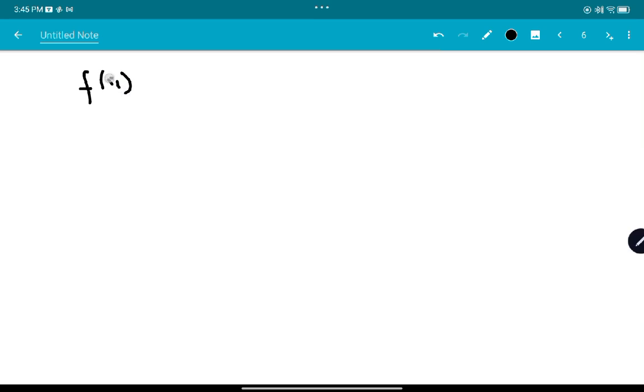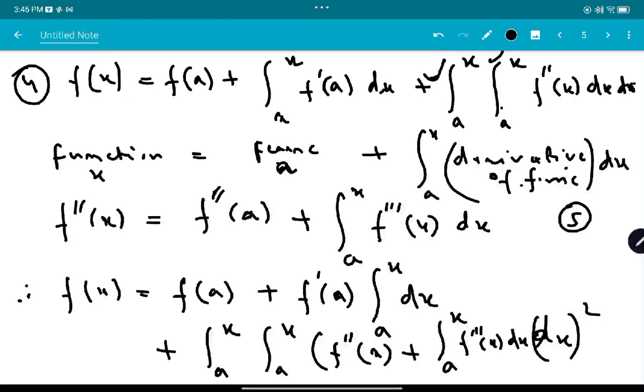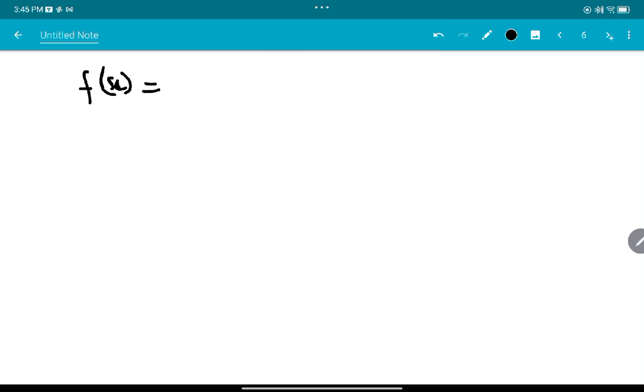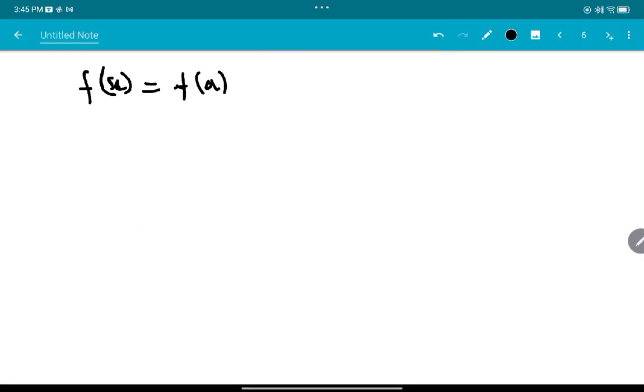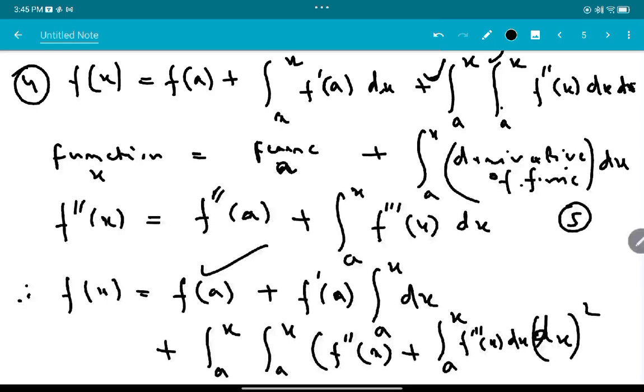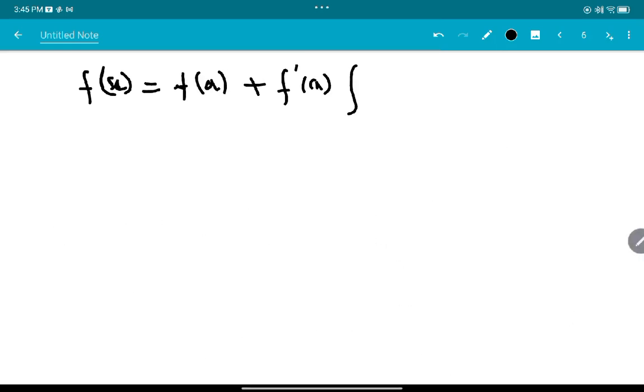The first term is f(a), which we have actually written here. The second term is f'(a) multiplied by an integral: f'(a) multiplied by the integral a to x dx.